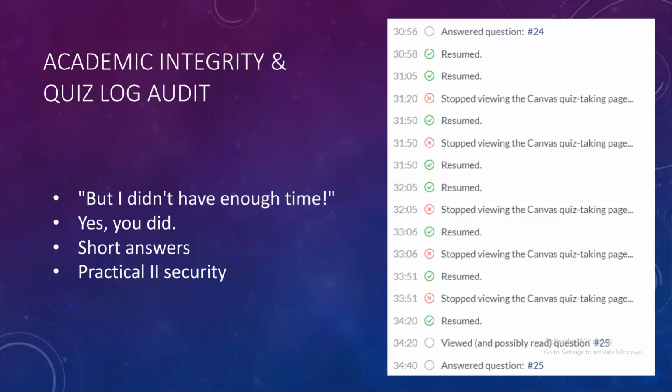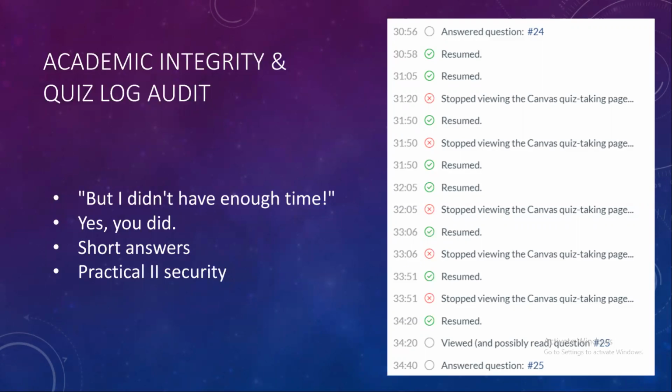But that does bring up the question of academic integrity and how I used QuizLog audit. Now, this time, I did not report anyone for cheating, but it was very obvious to me that there was some dishonesty going on.